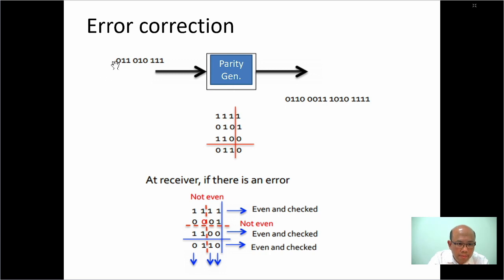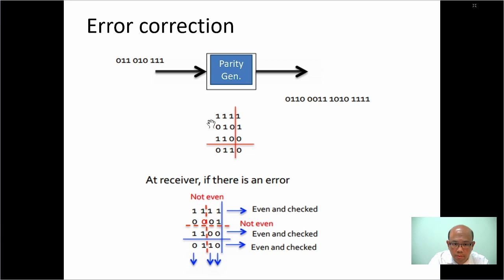Okay, here I have the pattern 0, 1, 1, 0, 1, 0, 1, 1. Then the parity generator works by looking at rows and columns. So this data is put here as 1, 1, 1, then 1, 1, 1, 0, 1, 0 here, and 0, 1, 1 in this one. Then consider each row.